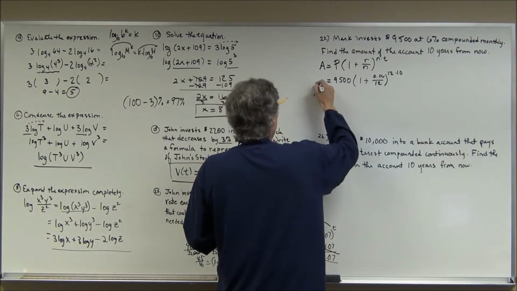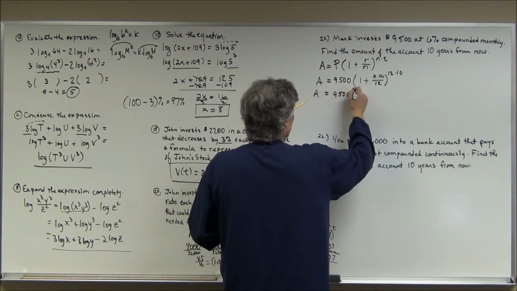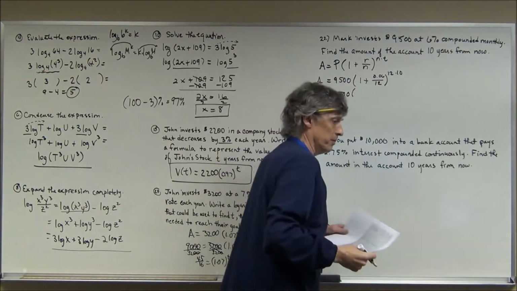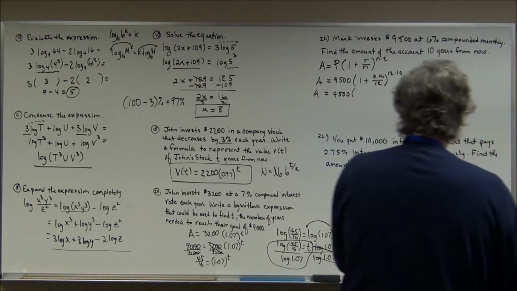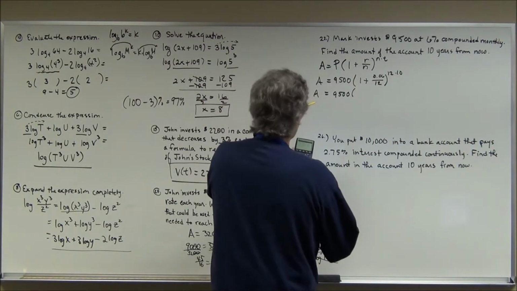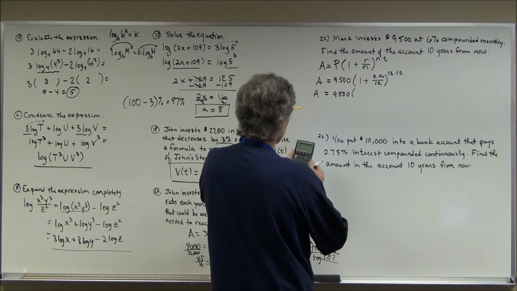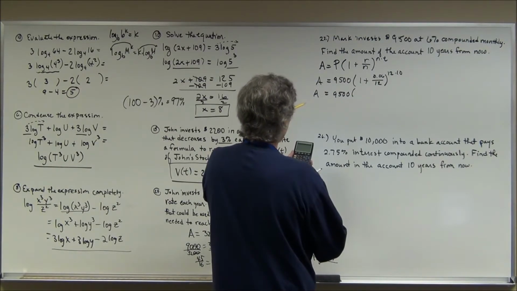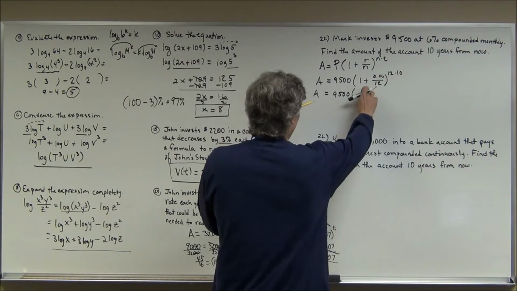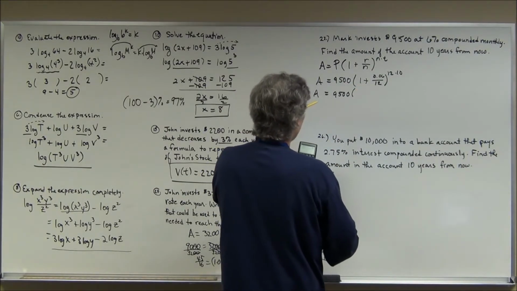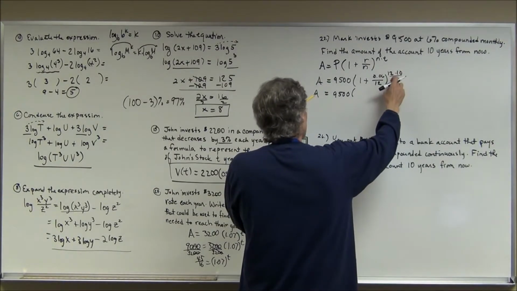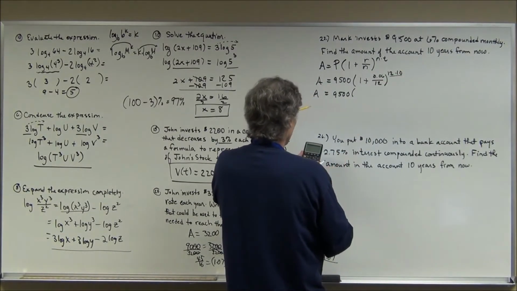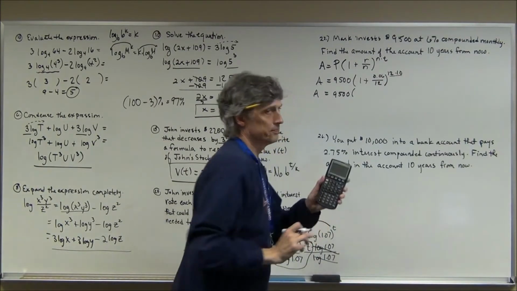So this is A equals 9,500 times that. Now I've got to get Mr. Calculator busy here. I'm going to grab my calculator and take 0.06 divided by 12, that's 0.005, add 1, 1.005, and then raise that to the 120 power.